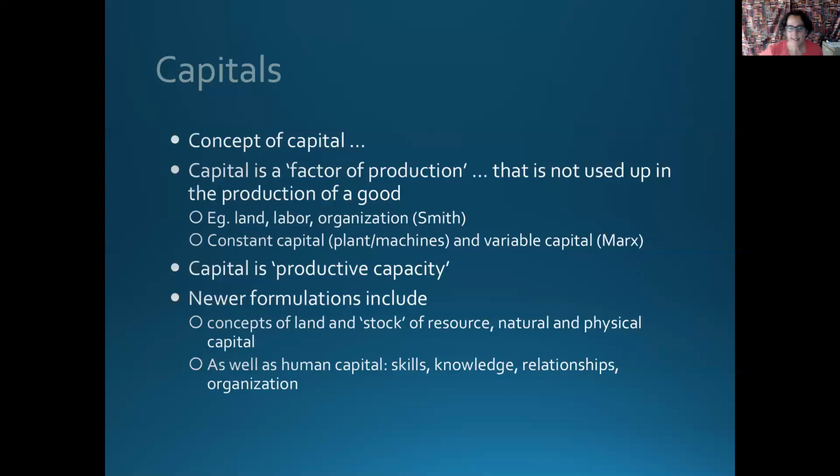For this class, we'll be using capital as any kind of productive capacity, including an ecological productive capacity, as well as any other kinds of productive capacity, at least metaphorically, including human capital, social capital, natural capital. Physical capital we would call probably buildings at this point, and financial capital is money, enough money to start something up.